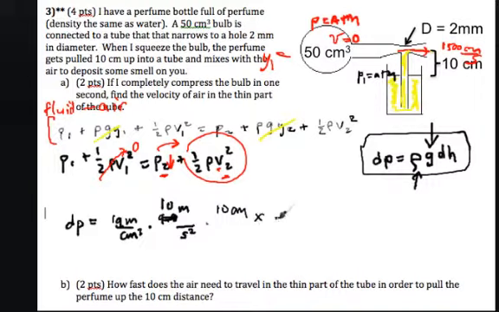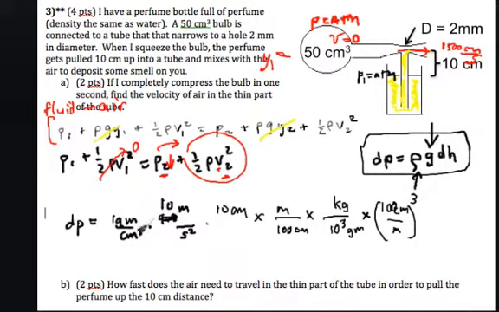I need to convert those centimeters. We know 100 centimeters constitutes a meter. And we need to convert this 1 gram per centimeter cubed. We know that 1,000 grams is a kilogram, and we also know that 100 centimeters is a meter, and we need to cube that in order to cancel out these units. That enables us to cancel out centimeters cubed.